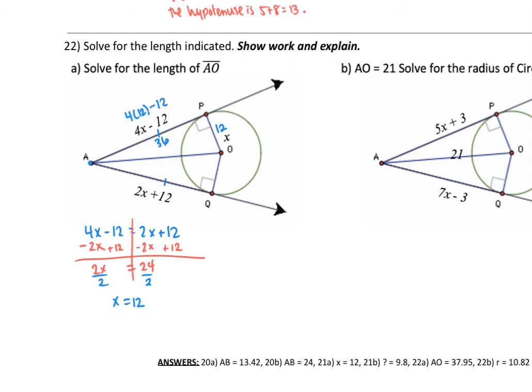So now I'm just going to use Pythagorean theorem. I'm solving for AO, which is here. This is 12 and this is 36. So 12 squared plus 36 squared equals C squared.